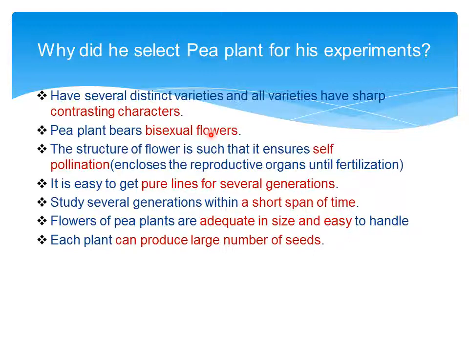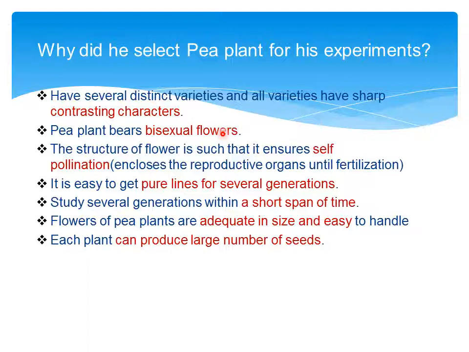Pea plants always bear bisexual flowers. That is, each flower has both male and female parts.